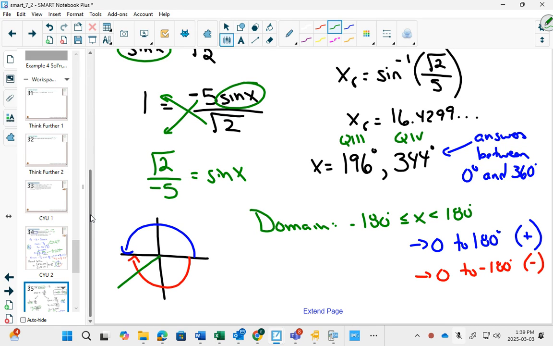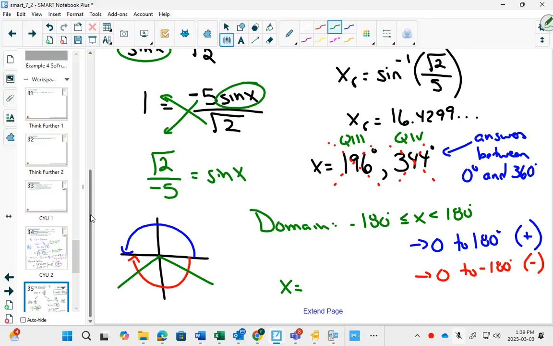So we had an answer here and here. And we wrote them as positive. So we have to go back. I'm just going to lightly put an X through this one and an X through this one. Because my actual answers will be x equals in the negative direction.